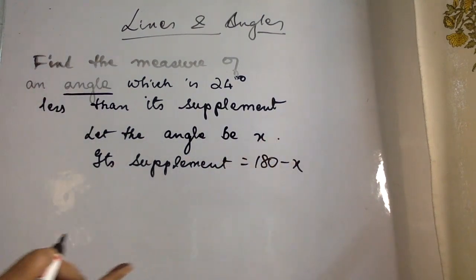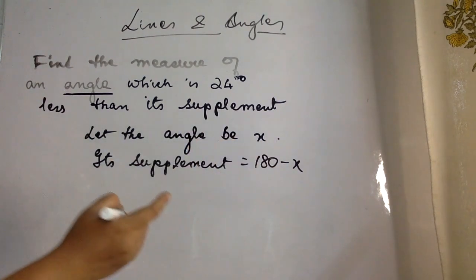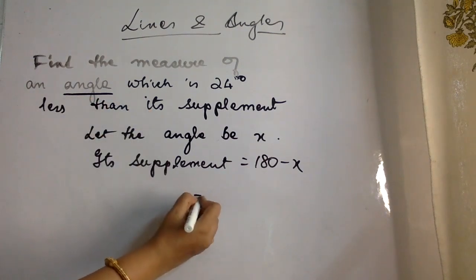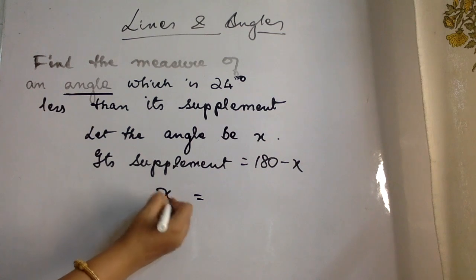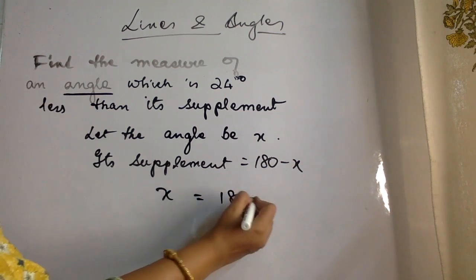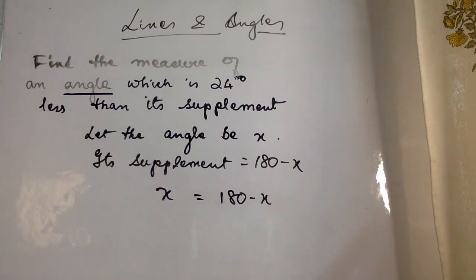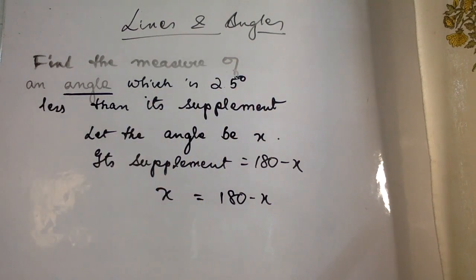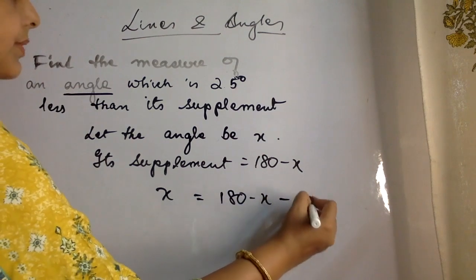All algebraically we are doing. x, 180 minus x. Then less than its supplement, that is, the angle can be equated to 180 minus x only if 24, sorry, not 25, this is 24, is subtracted from the supplement.